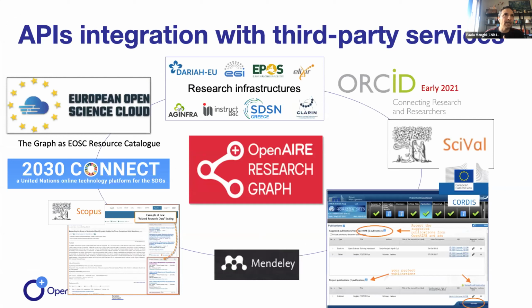We offer APIs, as I mentioned before, to a plethora of different services today. Some are enterprise services like Scopus and SciVal, which use part of our data to produce statistics or to include information in their services. The Commission integrates with our APIs.